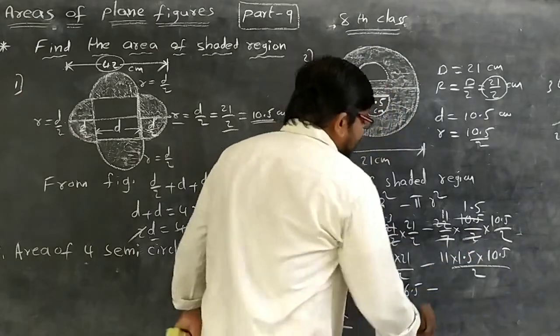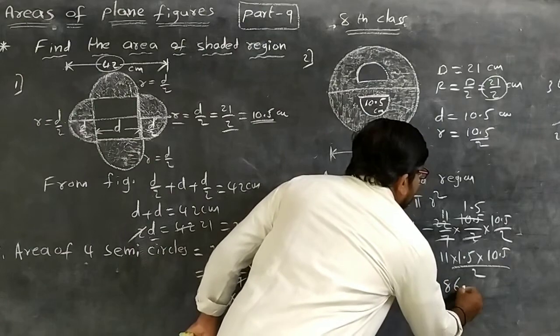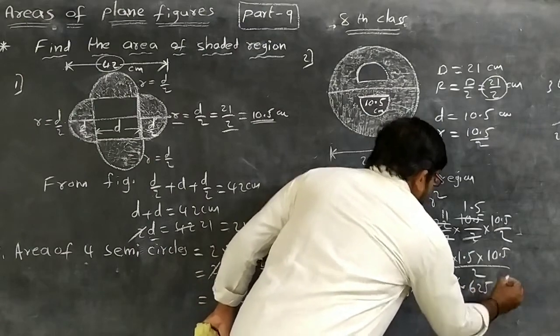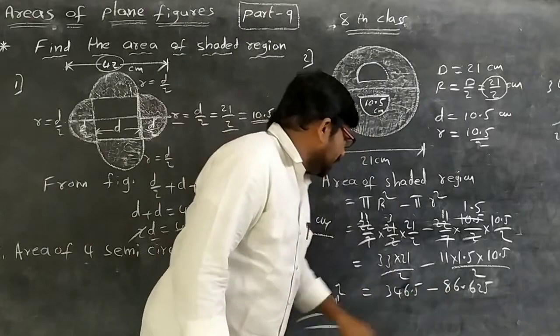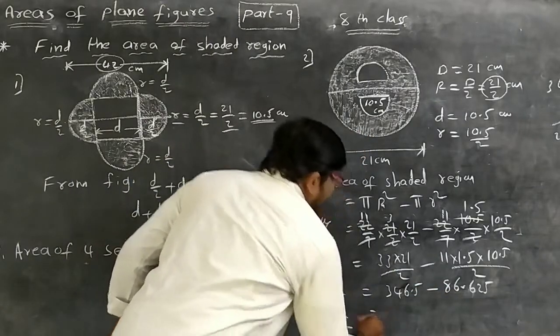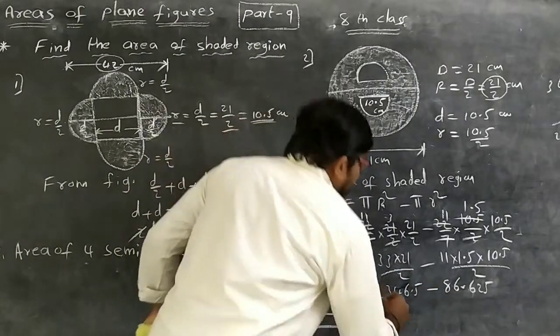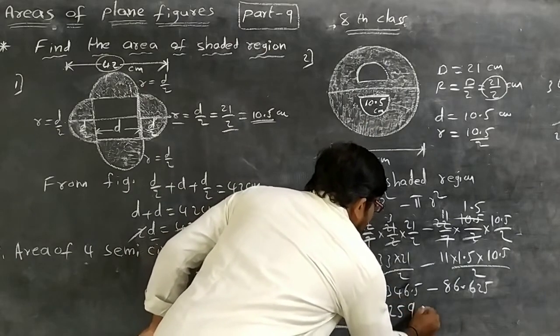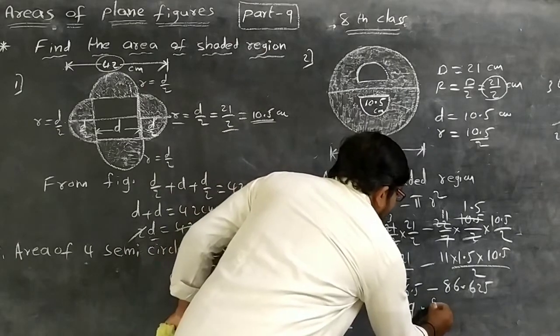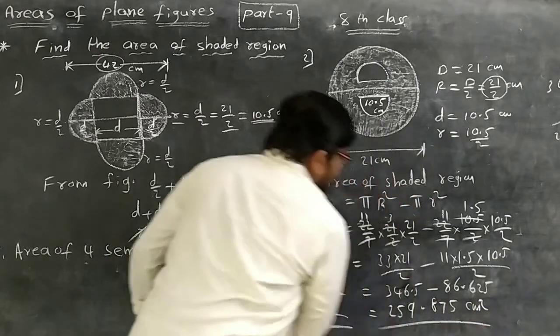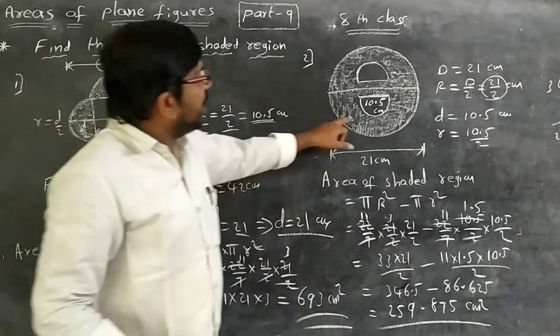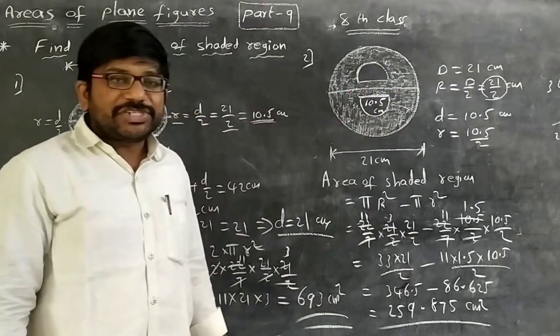We get 86.625, right? So subtract this from this, and finally we get 259.875 centimeter square. That is the area of the shaded region, right?